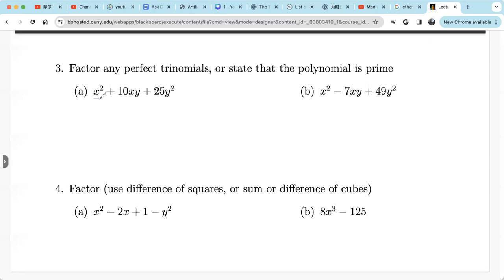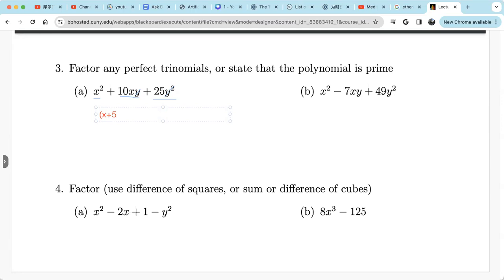We have x squared, 10xy, 25y squared. If this y is unknown to you, you can ignore the y term at the beginning, then add y back in. We only look at x squared plus 10x plus 25. We know that's a perfect square, that's x plus 5 squared.